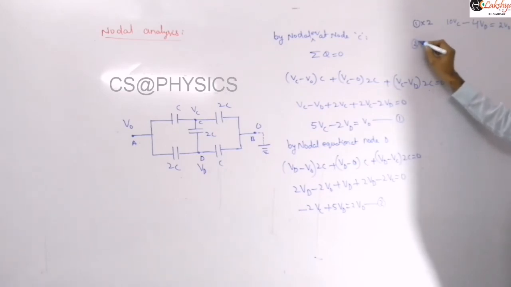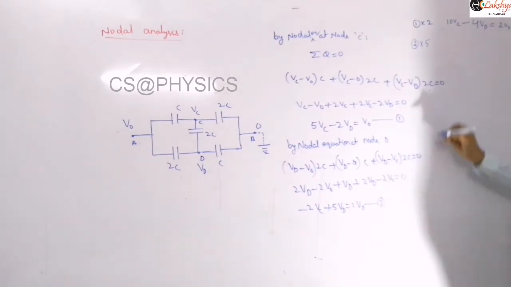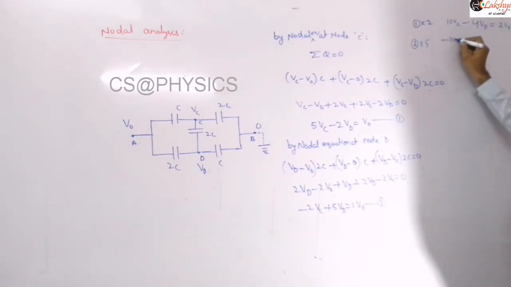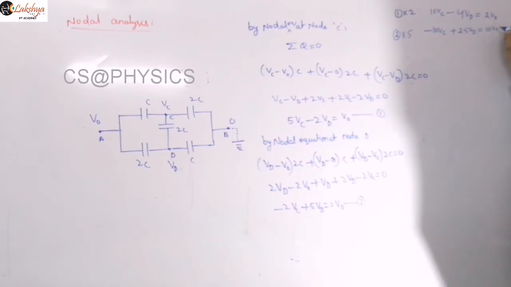And next, equation 2 we are multiplying with 5. That means this is our equation 2, we are multiplying with 5. So it is minus 10 VC plus 25 VD is equal to 10 V0 you will get.